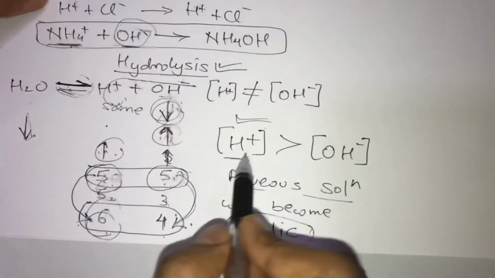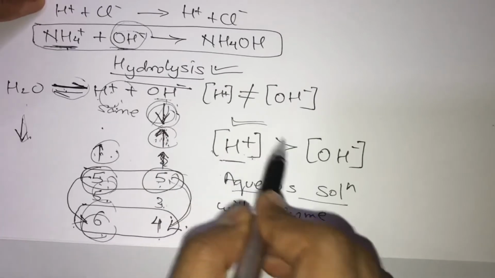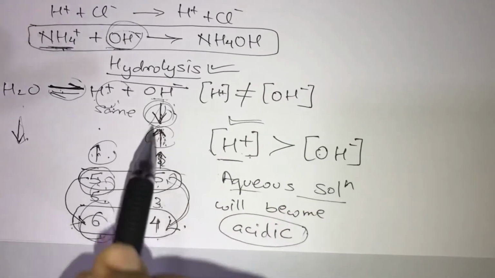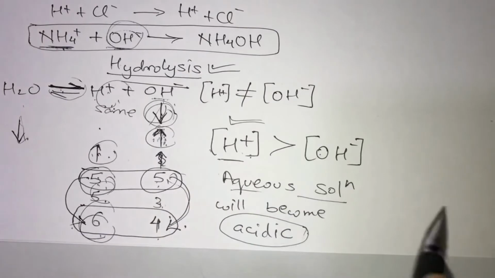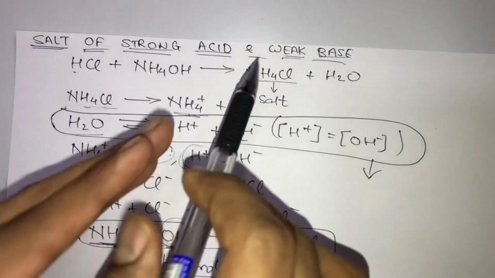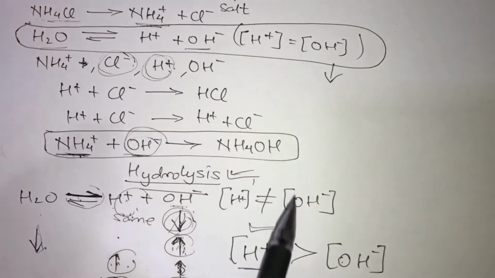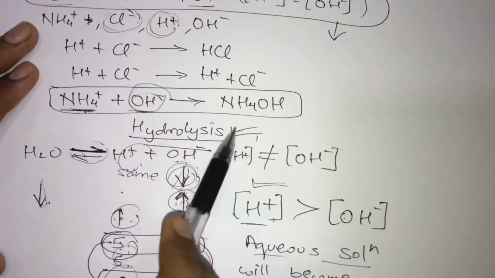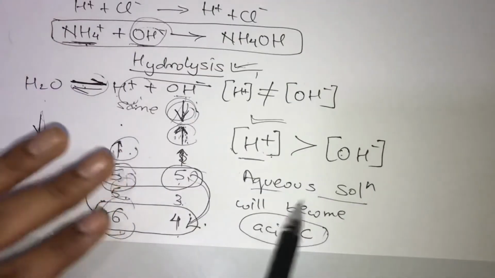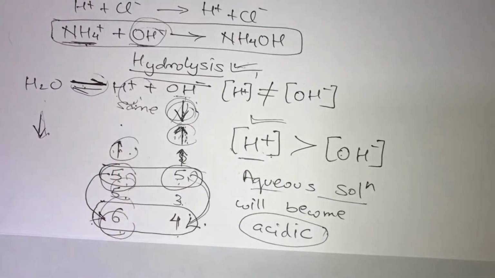So in short, the molar concentration of H plus is greater than the molar concentration of OH minus. So guys, I hope you have understood that the salt of a strong acid and weak base undergoes hydrolysis, and after it undergoes hydrolysis, it makes the aqueous solution acidic.